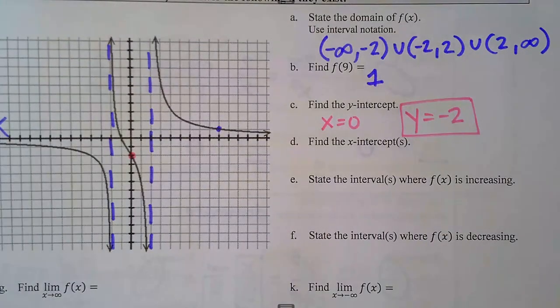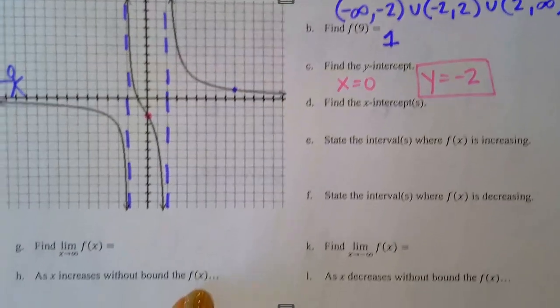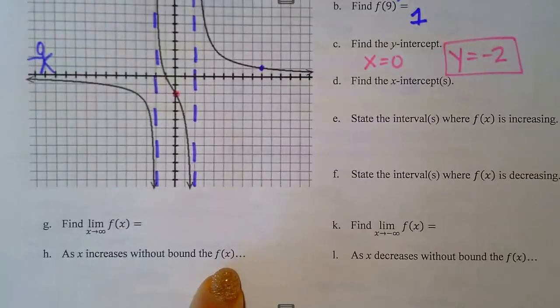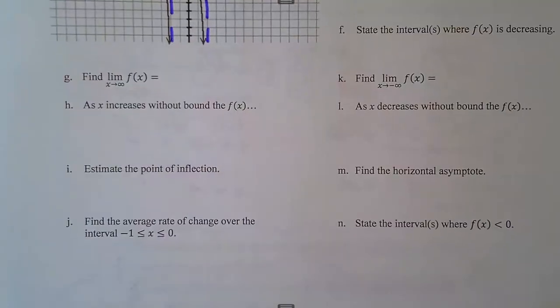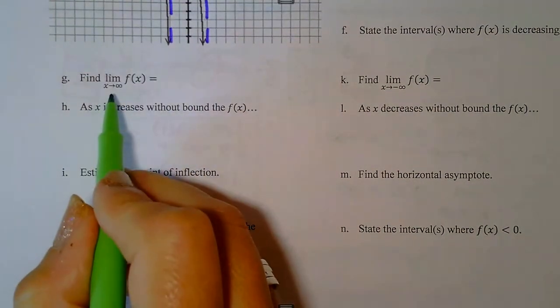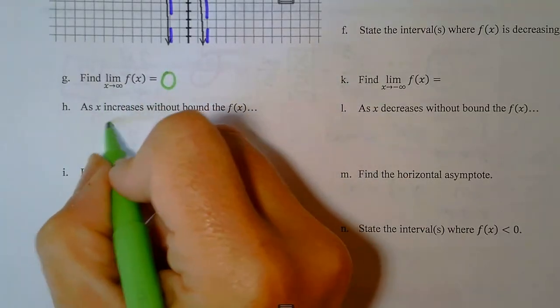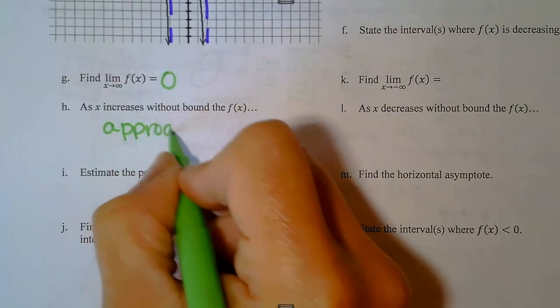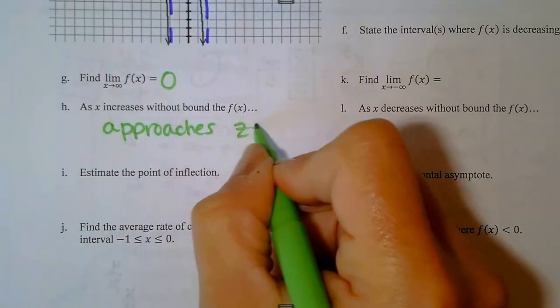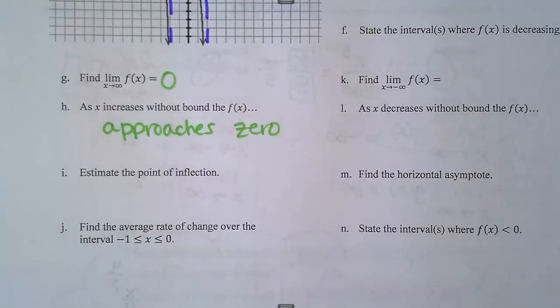This is the other one I wanted to talk about. As x increases without bound, what's happening? What's your end behavior? 0. It just approaches 0. So when they say that, it's like they're asking, you just told me the limit is 0, but what does that actually mean?